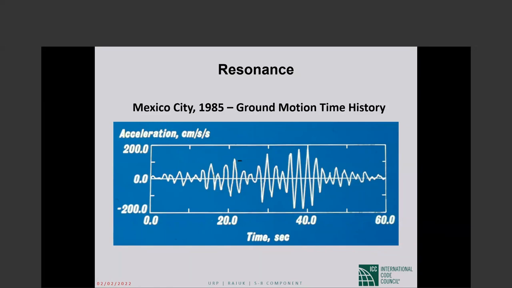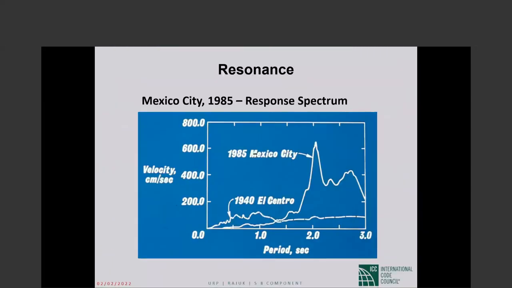Okay, so this was the ground motion that the structures experienced. This is a velocity response spectrum, not acceleration, from that ground motion that shows you a distinct peak at 2.0 seconds.